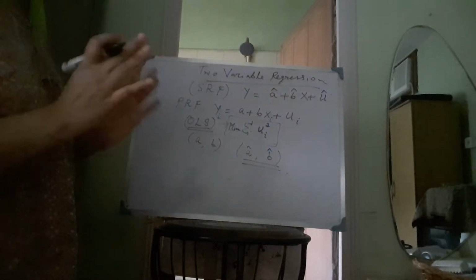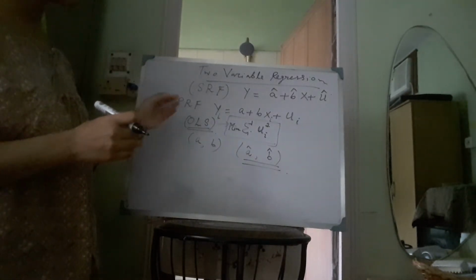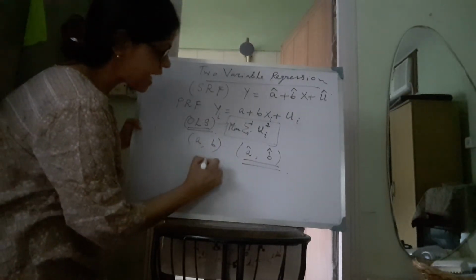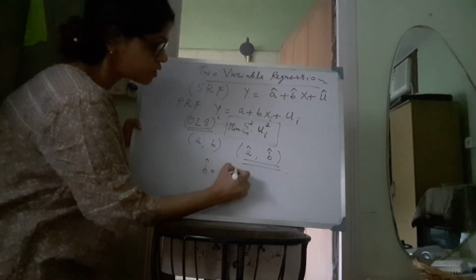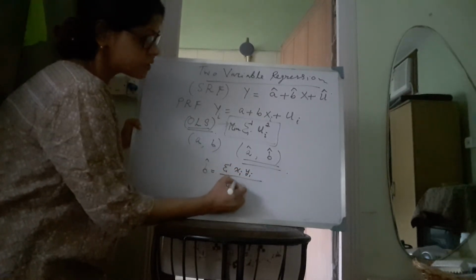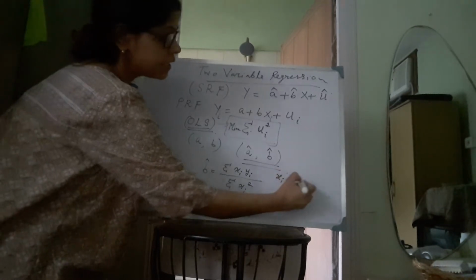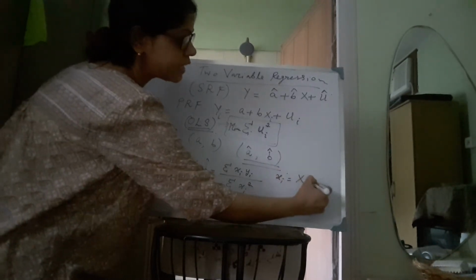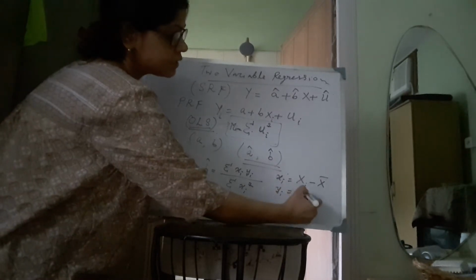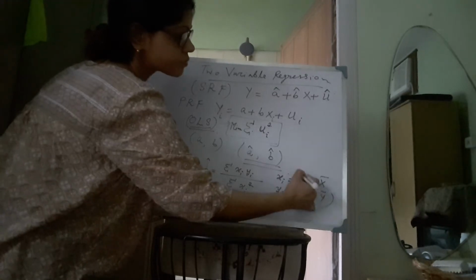Here I am not showing the calculation because that has already been taught in your earlier semester. So I am just writing the formula. So b hat is equal to summation of small xi yi over summation of xi square, where small xi is the deviation of actual xi from its mean and small yi is the deviation of actual yi from its mean.